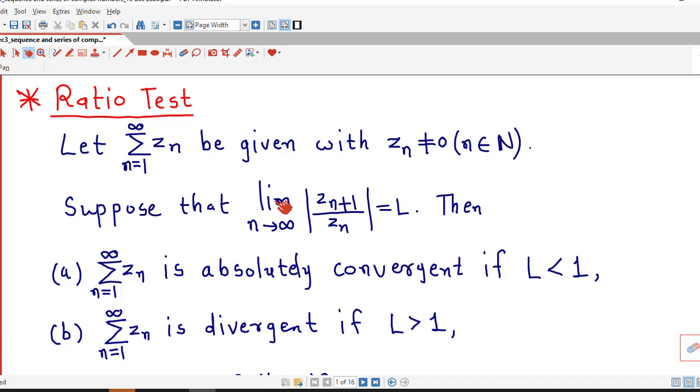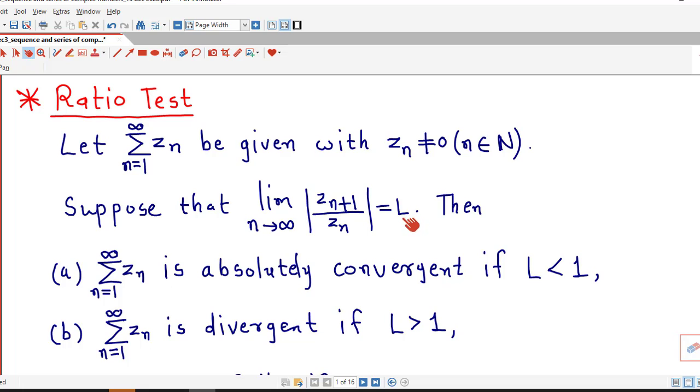So suppose this limit of the ratio of the n plus 1th term to the nth term is capital L.